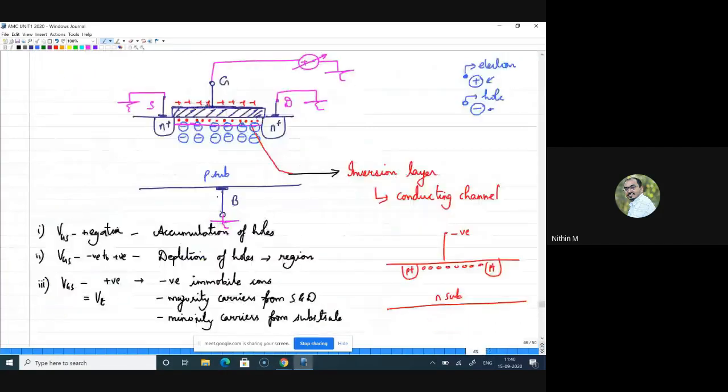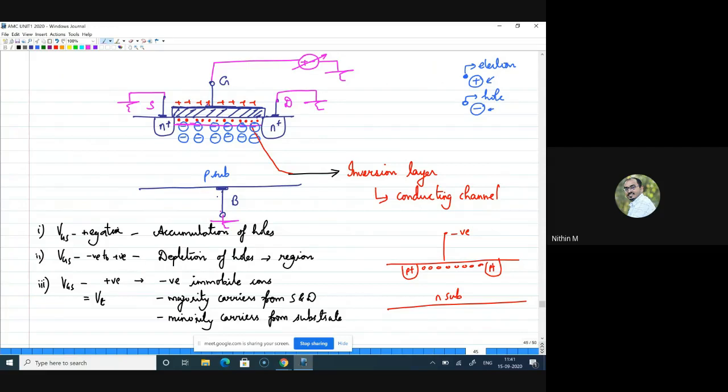when you apply a positive voltage, what first happens is the holes will be pushed away from the region beneath the gate, and then as you keep on increasing your positive voltage, electrons will be attracted. So initially, when holes are pushed down, you will have the atoms which are uncovered there, which are negative immobile ions.